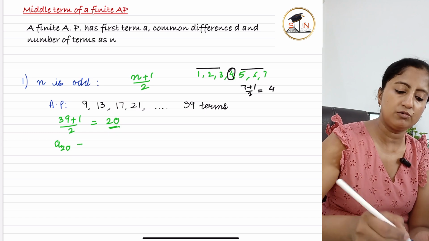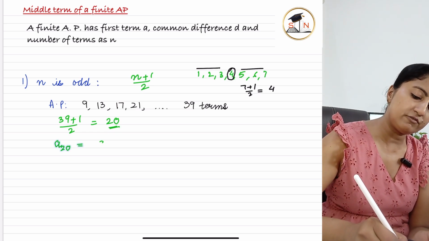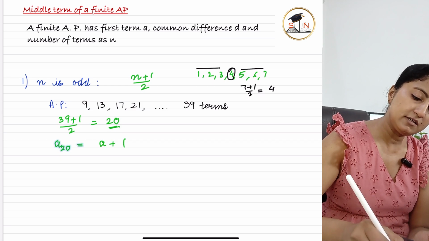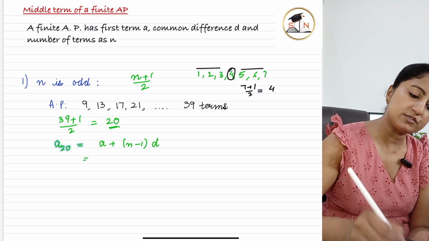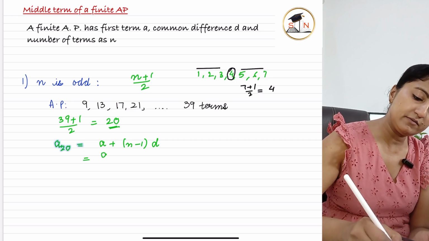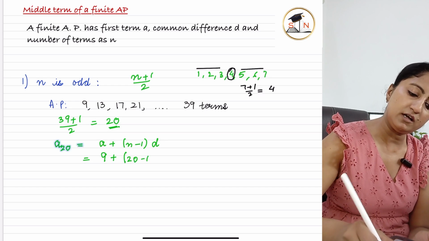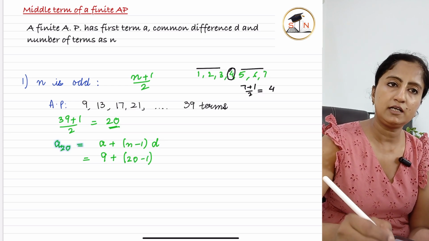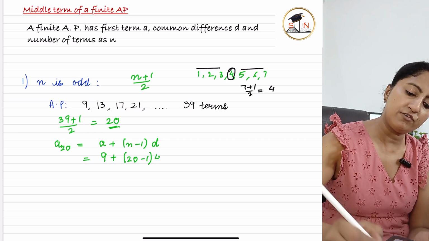And we already know how to find any term in an AP. We use the formula A plus (N minus 1) times D. So we will just plug in the values now. A is 9. N is 20. What is D over here? D is second term minus first term, which is 13 minus 9, that is 4.